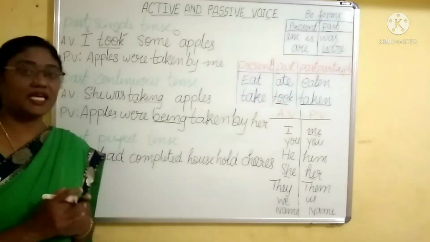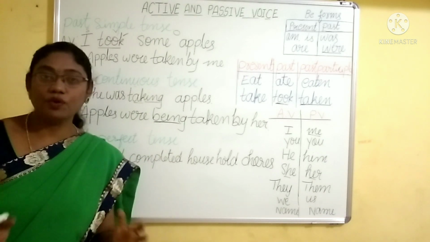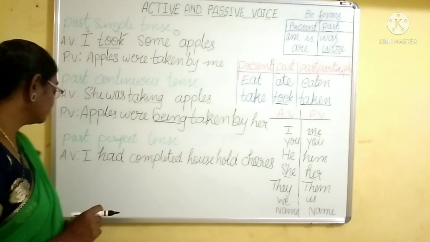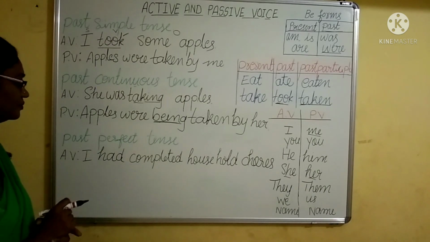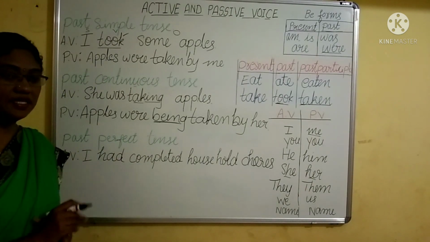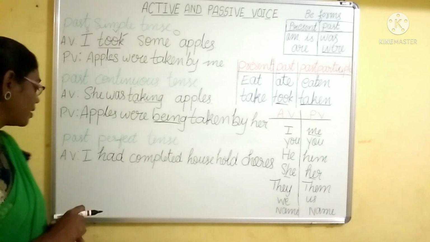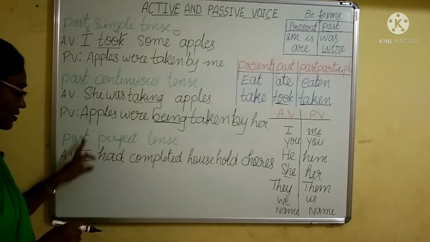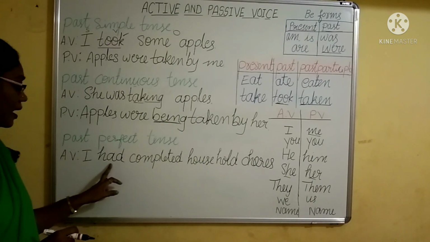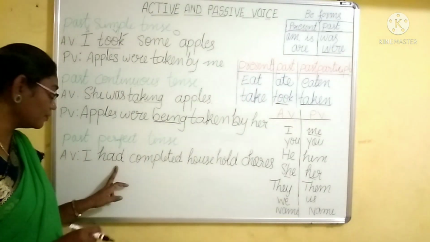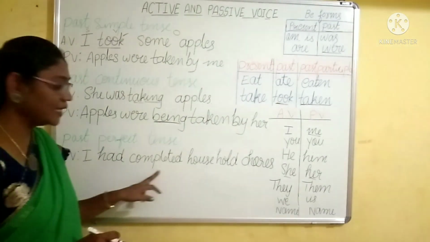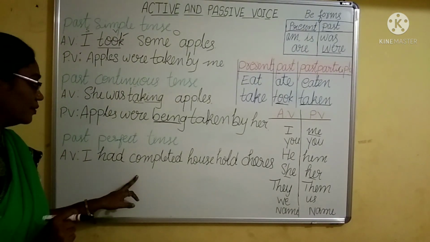Then how do we change this sentence into passive voice? Let's see. As usual, what is the subject here? What is the verb here? And what is the object here? Yes. I is the subject. Had is the helping verb, and completed is the main verb.